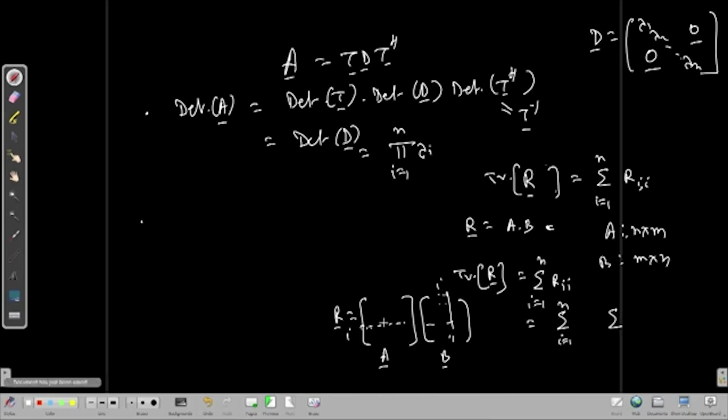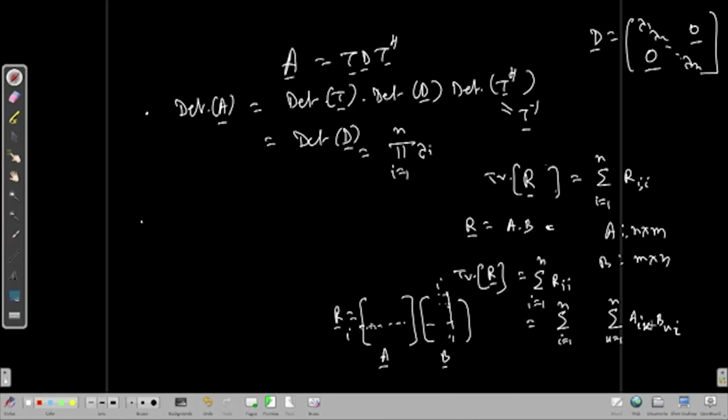A_i1 B_1i, A_i2 B_2i, like that. So they are summation. So bring an index k, k from 1 to n, A_ik B_ki. If k is 1, A_i1 here, B_1i here. Then if k is 2, A_i2, B_2i here, and like that. So this times this, next times next, and their summation. All right, this is the trace.